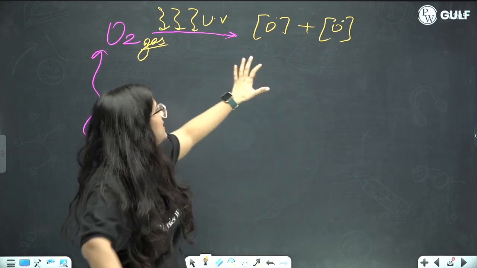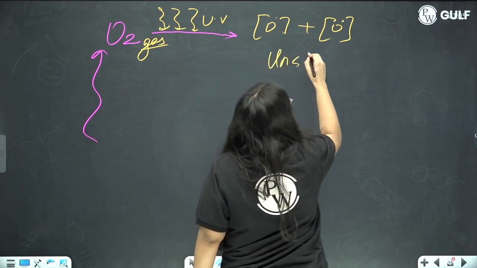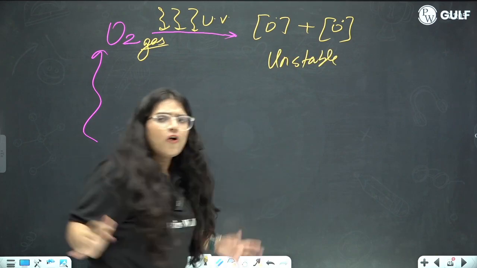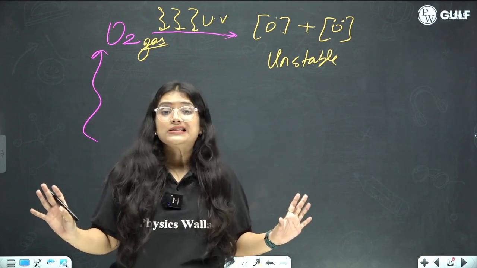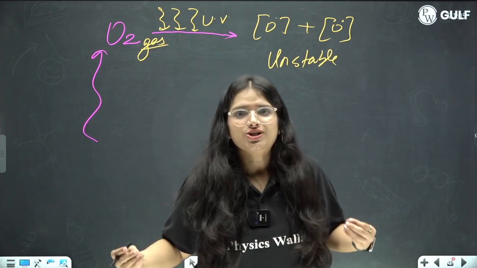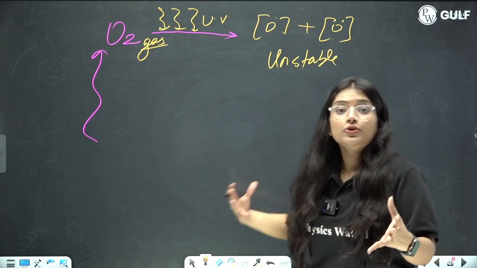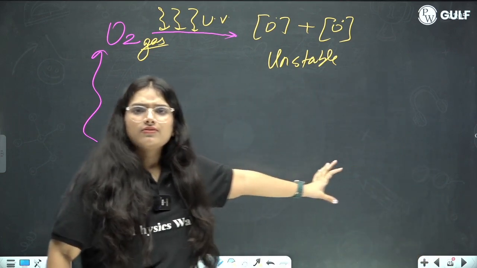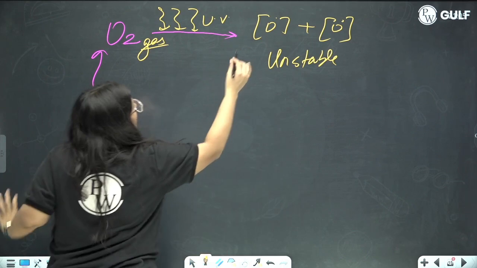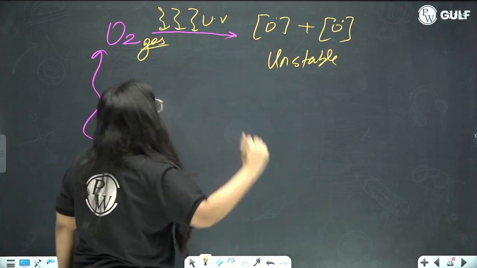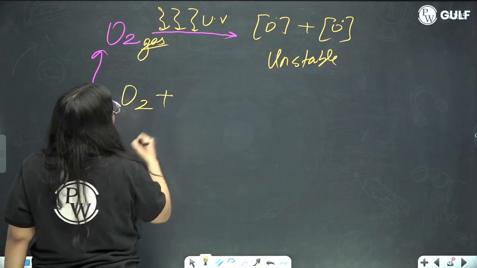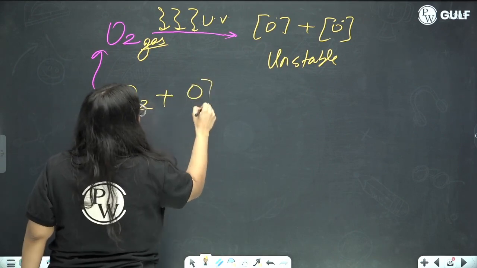But this elemental oxygen is very, very unstable. They want to form their own bond. They don't want to remain single. They want to have a relationship. So the elemental oxygen we are talking about forms a bond with the oxygen gas itself.